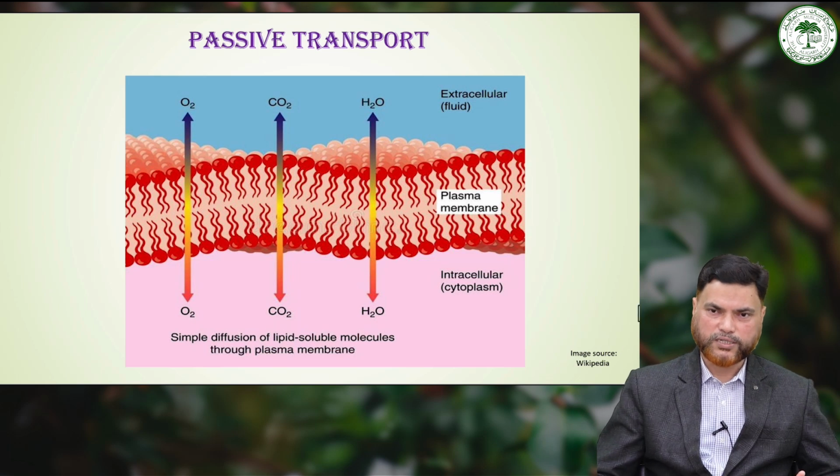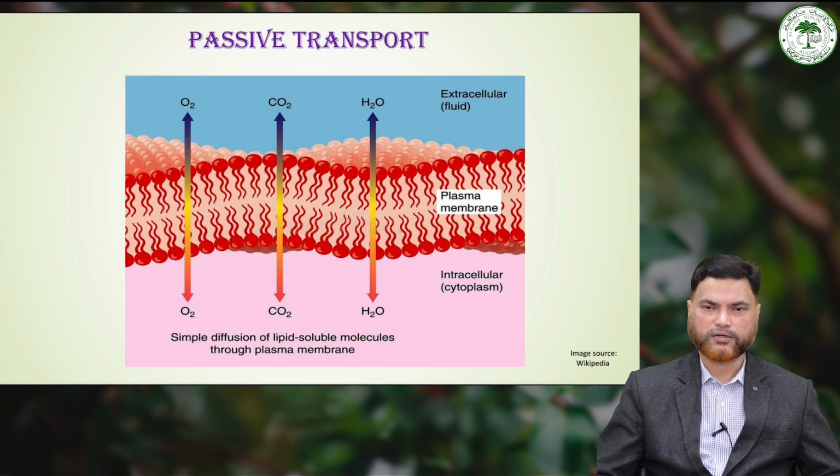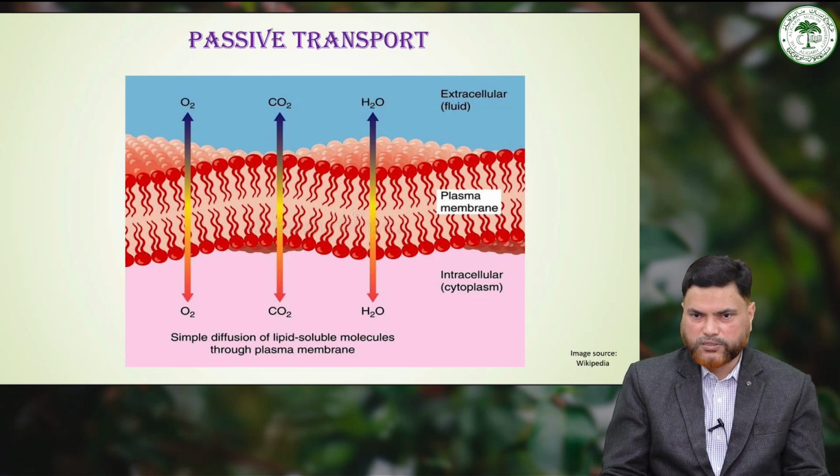When the solute is uncharged, its movement is solely affected by its concentration gradient, and for charged molecules the combination of these gradients is termed the electrochemical gradient, which determines the direction of transport across the membrane. As I mentioned in the sketch of passive transport, it could be simple or facilitated diffusion.